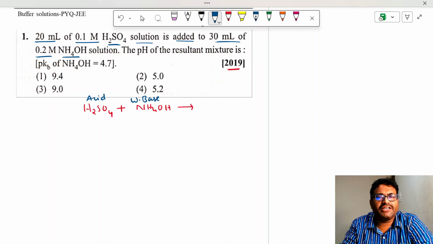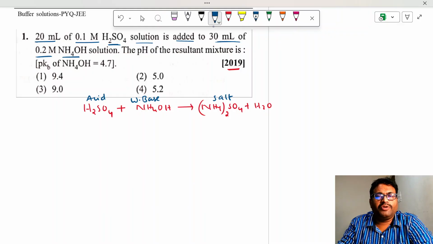So an acid-base reaction happens. What will be the product formed? (NH4)2SO4 and H2O will be the products formed. This is a salt, right? Because the mixed substances are an acid and a base, an acid-base reaction happens.